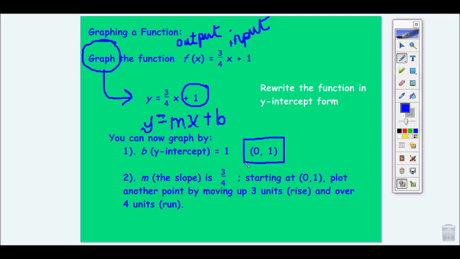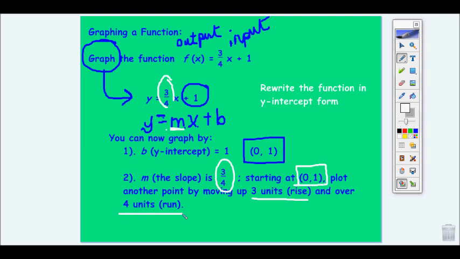Let me go ahead, I'm going to change, probably can't see that one very good. Now I'm going to look for my slope. My slope is going to be the coefficient to x, which in this case is 3/4. So m is 3/4. So that means when I get to my point 0, 1, I'm going to rise 3 and run 4, both positive.